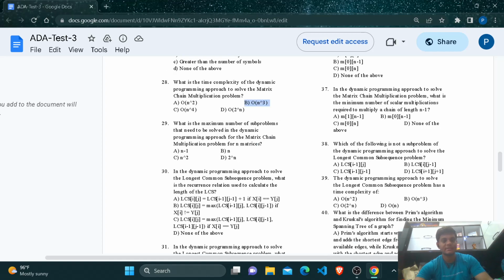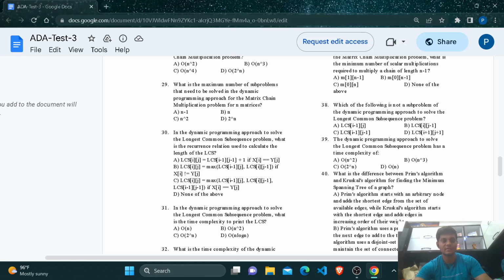What is the maximum number of subproblems that need to be solved in the dynamic programming approach for the matrix chain multiplication problem for n matrices? So yeah, its answer is n square. In the dynamic programming approach to solve the longest common subsequence problem, what is the recurrence relation used to calculate the length of LCS? So the answer of 30th question is option B.